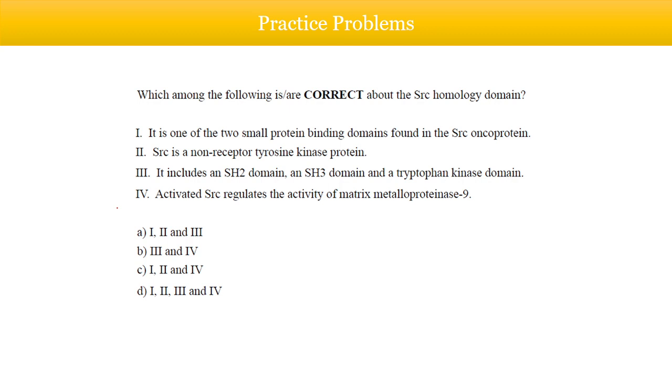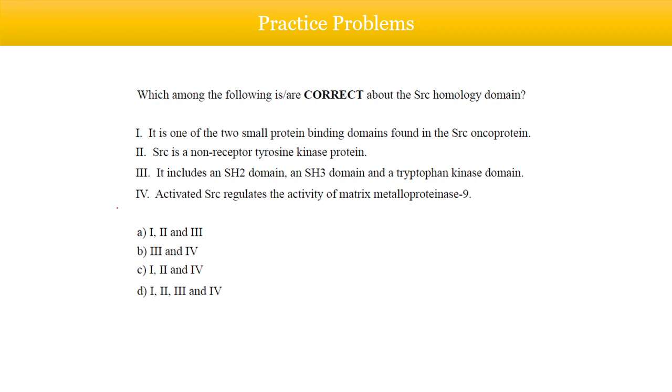Now, which among the following is or are correct about the SRC homology domain? It is one of the two small protein binding domains found in the SRC oncoprotein. Then SRC is a non-receptor tyrosine kinase protein. It includes an SH2 domain, SH3 domain, and a tryptophan kinase domain. And the activated SRC regulates the activity of matrix metalloproteinase 9.